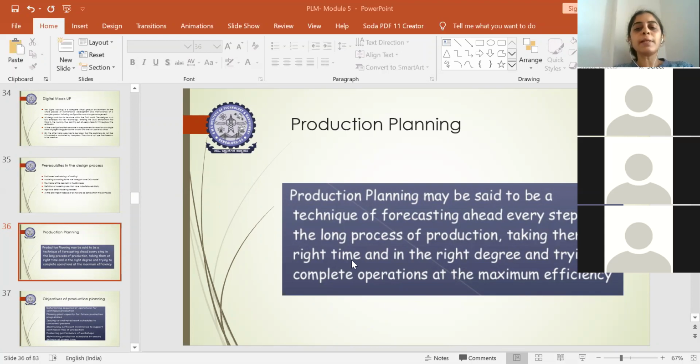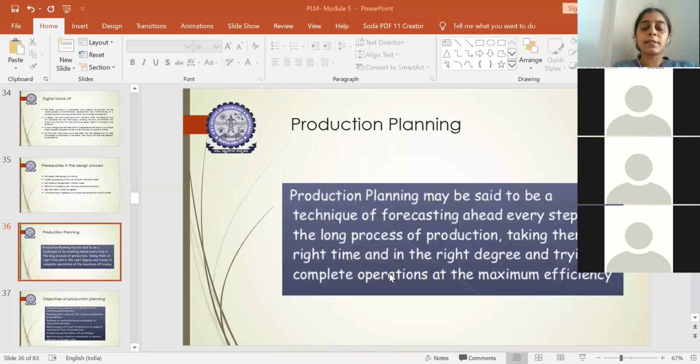Okay, so taking them at the right time in the right degree and trying to complete all the operations successfully with improved or enhanced efficiency. Because if the production is going on well and planning is not done, then they won't end up with maximum efficiency, because they will cross the due date within which the production has to be completed.